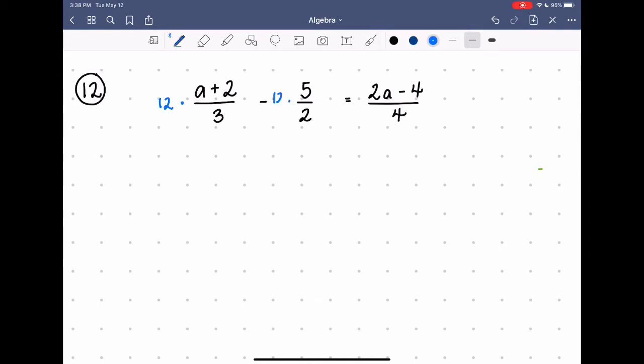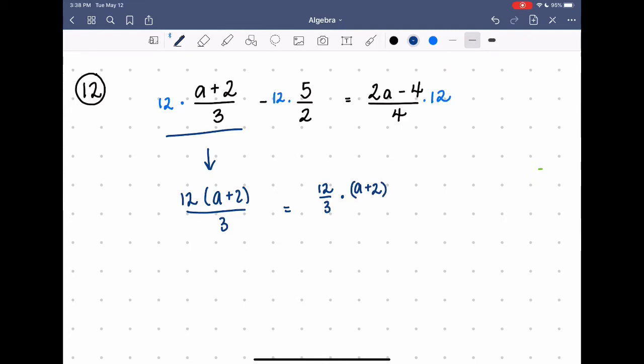And watch, I can show you how this will help us get rid of those denominators. So now, having a 12 there is just like writing out this term as 12 times a plus 2 over 3, which is the same as writing 12 over 3 times a plus 2.